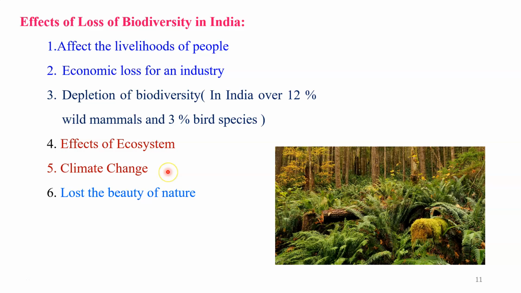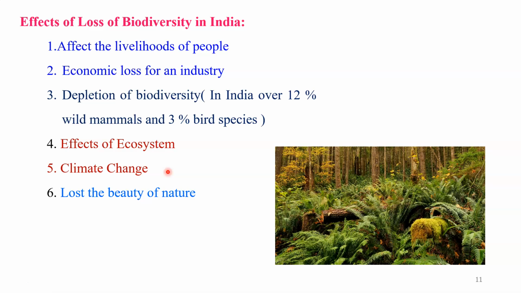Climate change is also a very important thing. You know that most of the ecological balance, or the function of the hydrological cycle, totally depends on biodiversity. If the ecological balance is good, then definitely you will observe a normal environment, with normal rainfall and temperature.